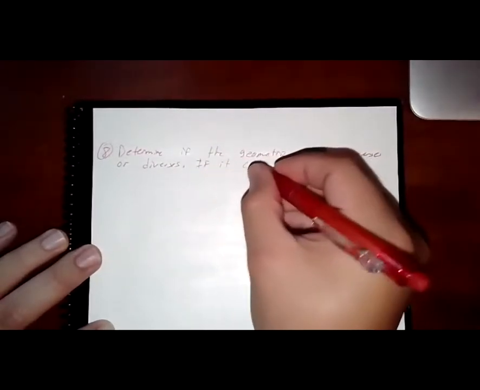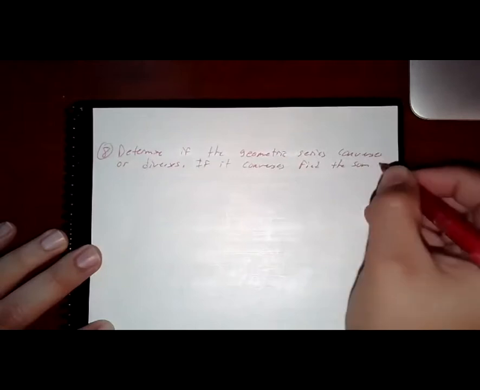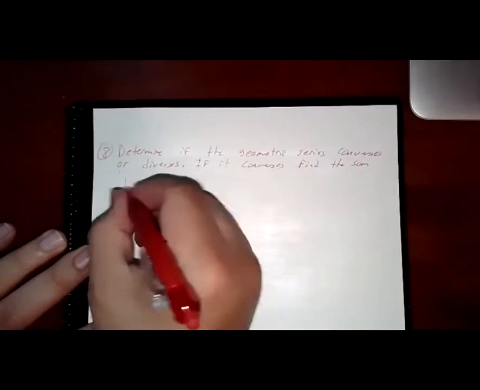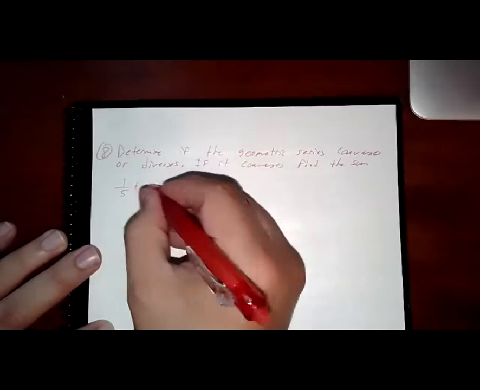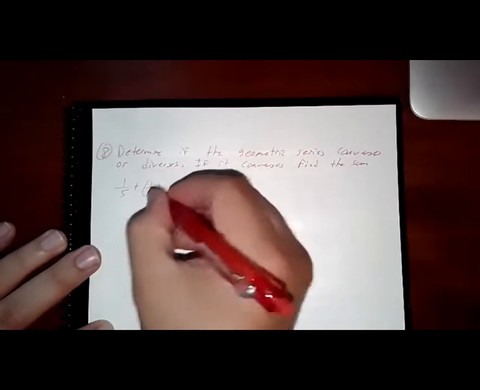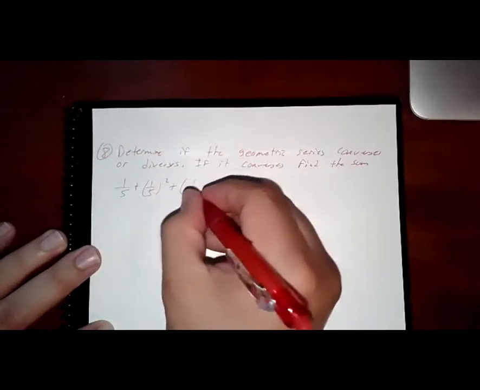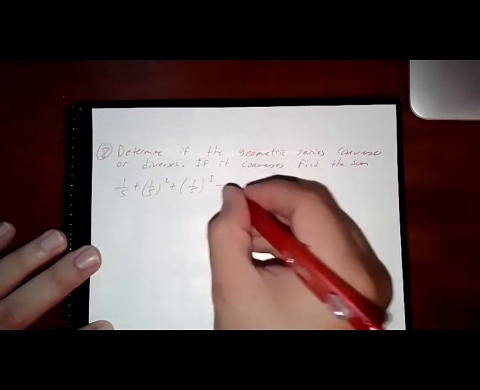If it converges, find the sum. They give us a list of fractions being summed up forever.